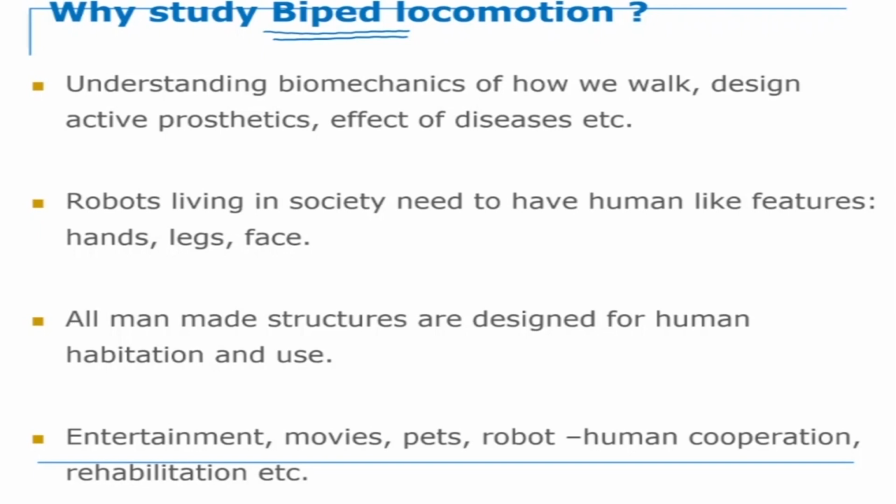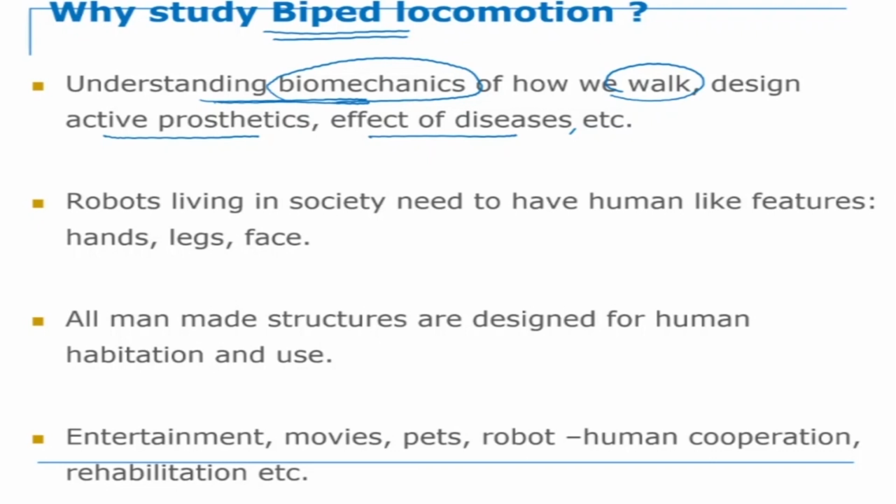First of all, understanding biped locomotion gives us an understanding of the biomechanics of how we walk, and lets us design active prosthetic systems, like artificial limbs, and understand the effect of diseases like osteoporosis. If you understand the biomechanics of walking, we can design better systems in terms of prosthesis or in terms of understanding progression of disease, etc.